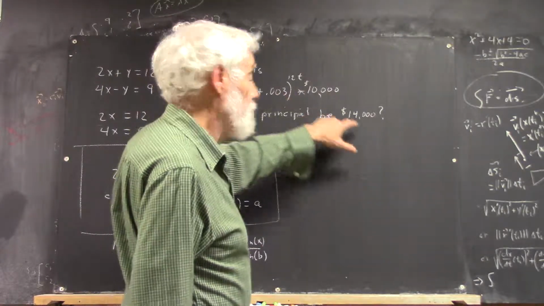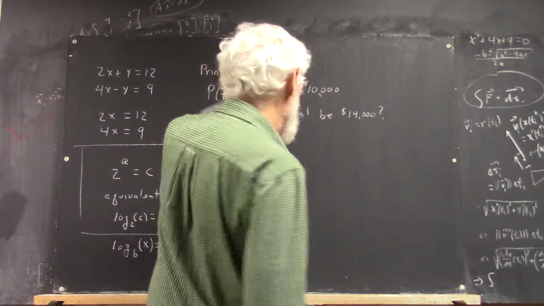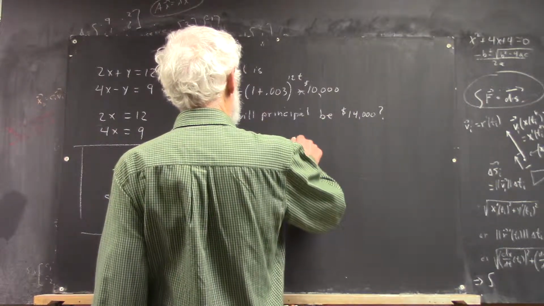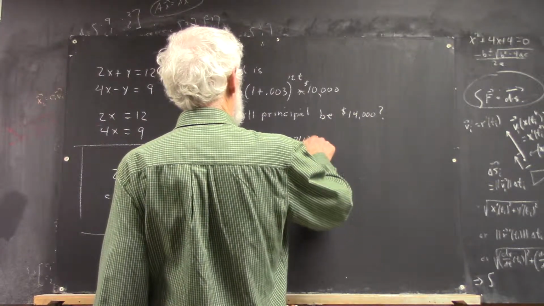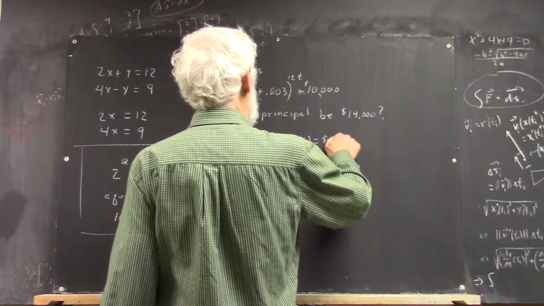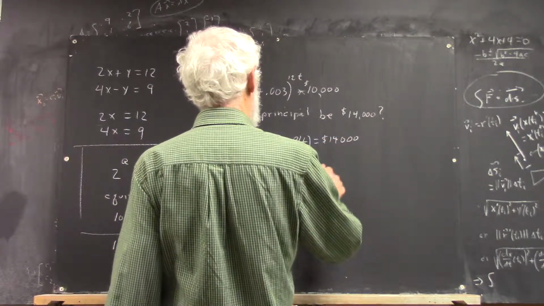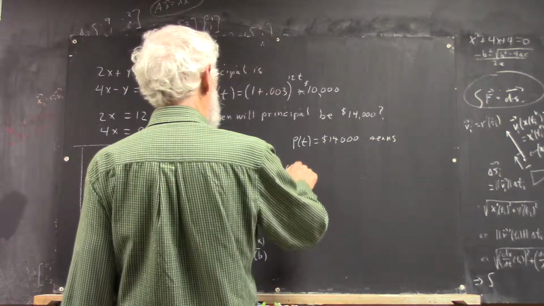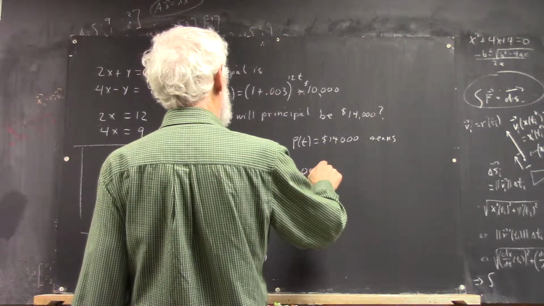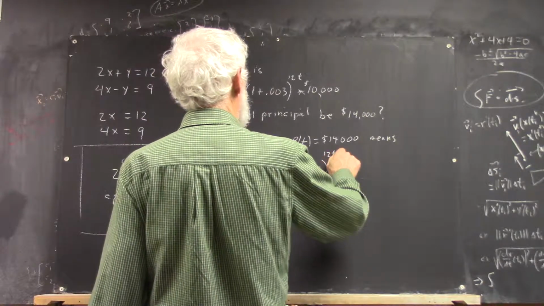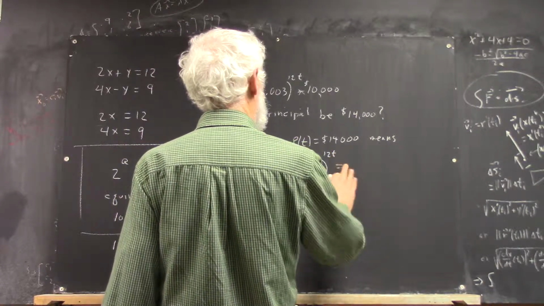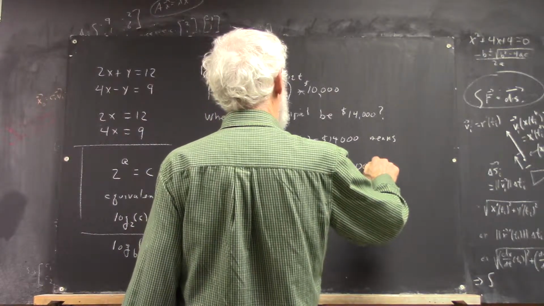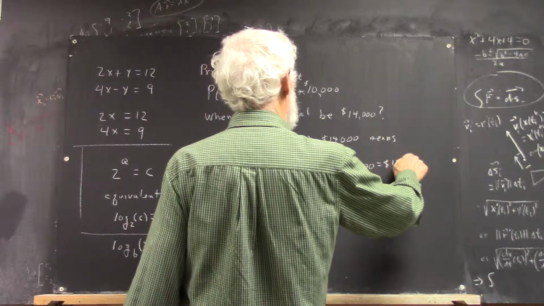So eventually this will be 14,000. We just have to see when. So we write P of t equals 14,000 means 1.003 to the 12t times 10,000 equals 14,000.